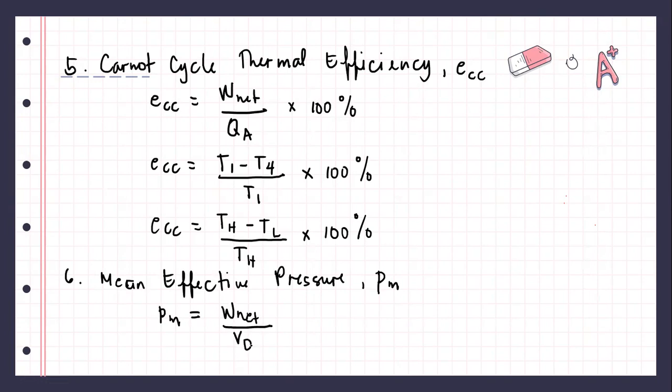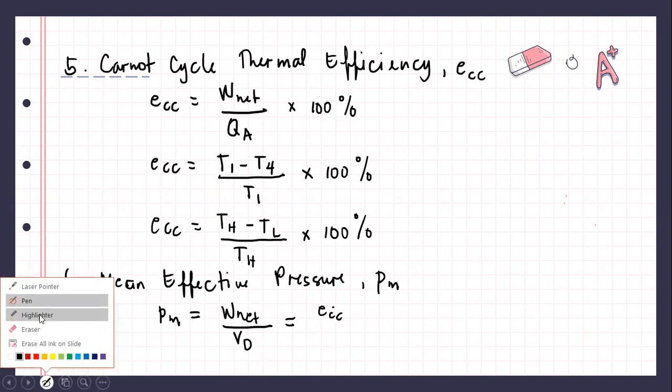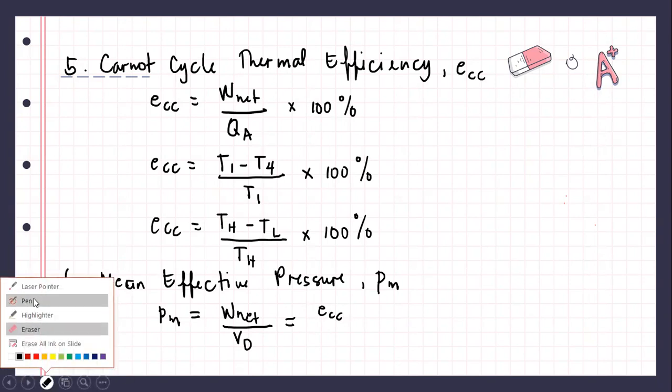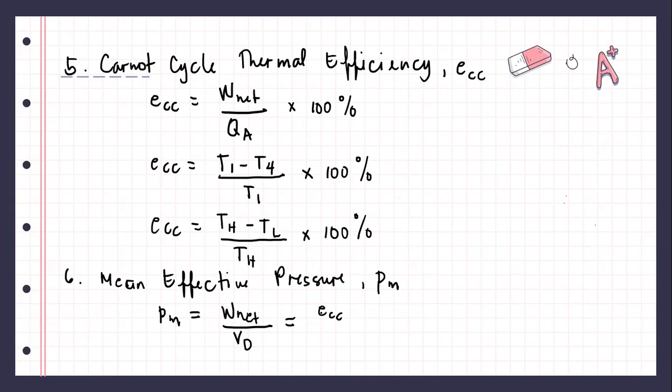VD is the volume displacement, which is equal to Carnot cycle thermal efficiency times heat added over V3 minus V1.